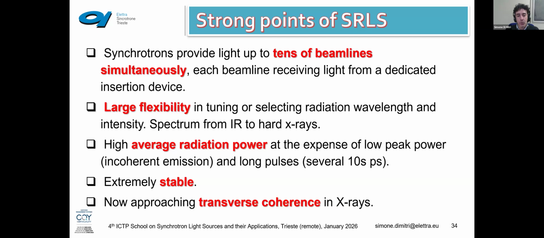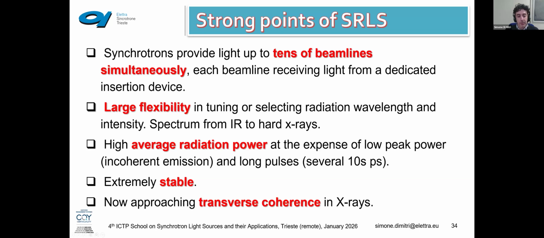That means by connecting one photon beamline to the source point, you are receiving light all the time, okay? But since each beamline is basically providing light to a different experimental chamber, that means you are making many different experiments at the same time in the same facility, okay?